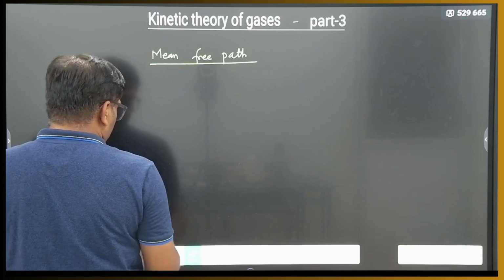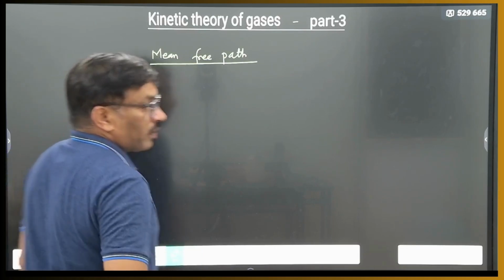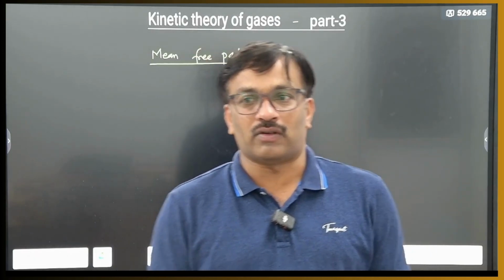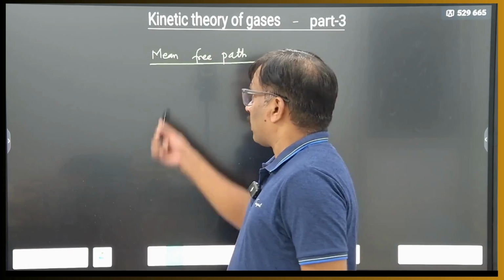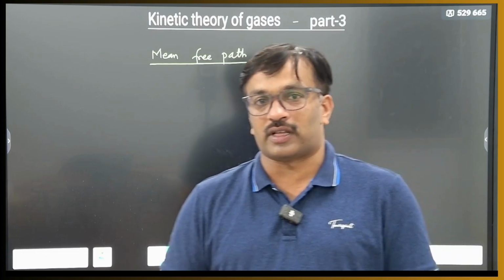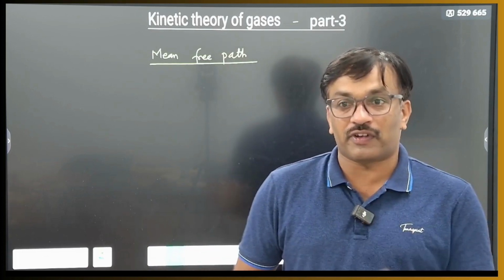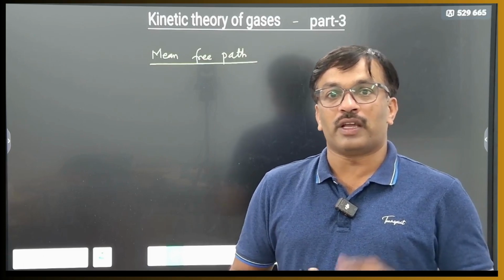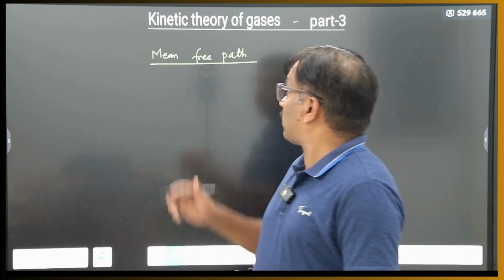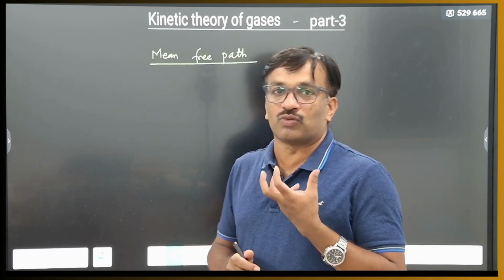So what is the meaning of this mean free path? See, anytime if you don't know any formula or any statement, please try to observe the statement, then you will get mostly the information related to that. Mean means average. Free means the molecules move freely.